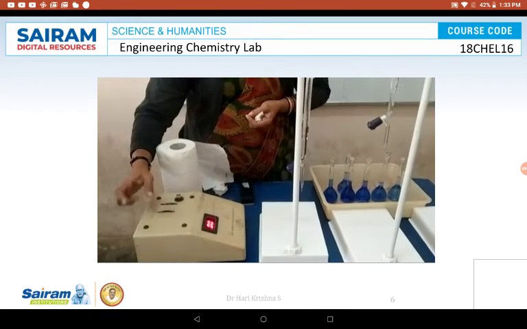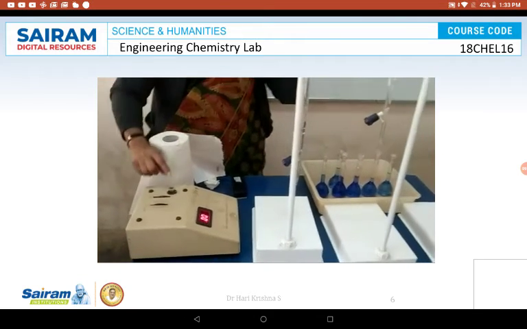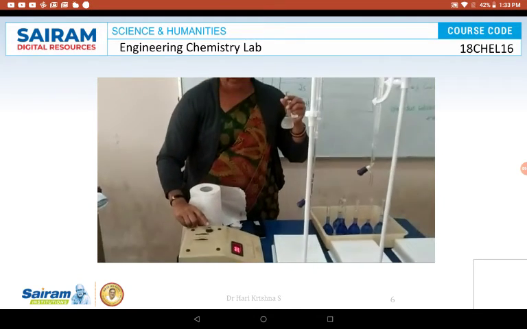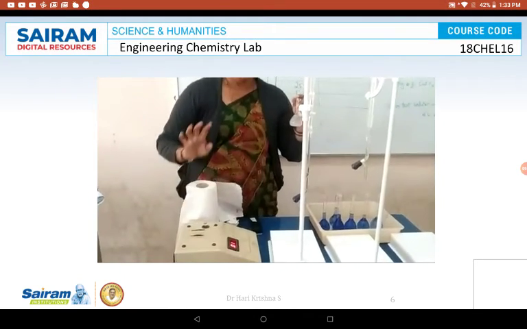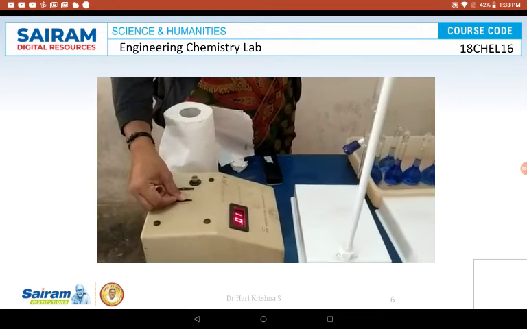This is the only setup we have to do. We have to take the blank solution in the cuvette, keep it in the knob provided and set the OD for 0. After setting the OD for 0, you just have to measure the readings for all other solutions.